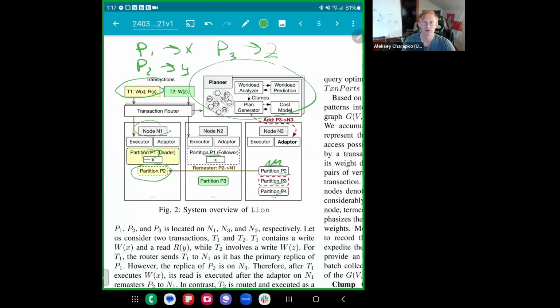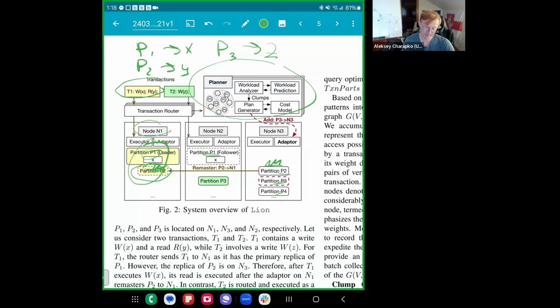It will transfer the leadership. It will remaster, essentially elect a new leader, a new primary, electing N1 as the new leader of partition 2. So now we have both partitions and their leaders co-located, and now you can run this transaction kind of locally, right? So it's on the same node, and you can avoid the distributed transaction, the distributed two-phase commit.